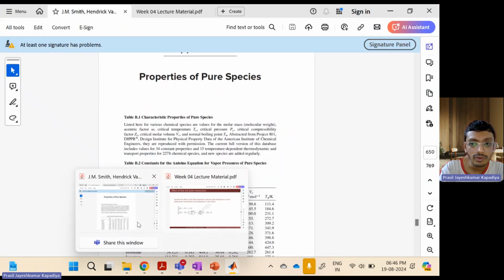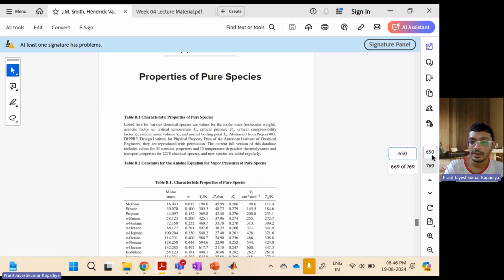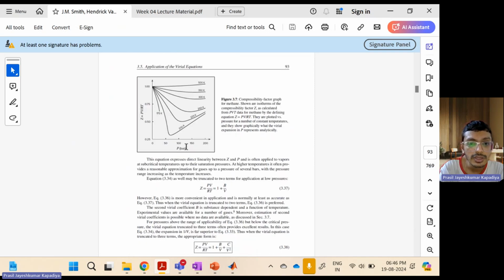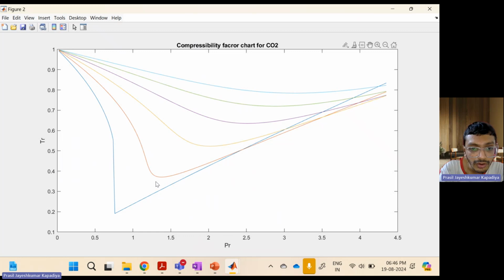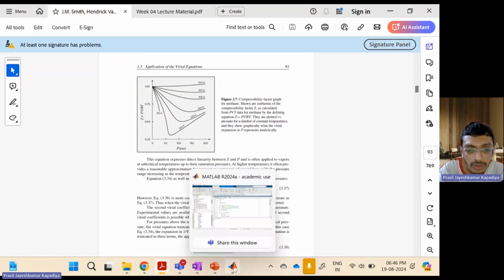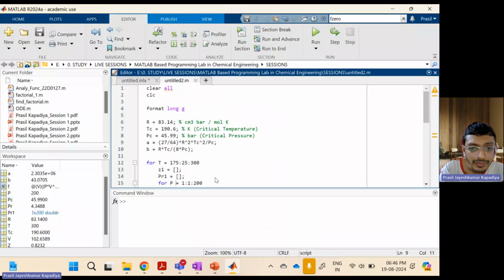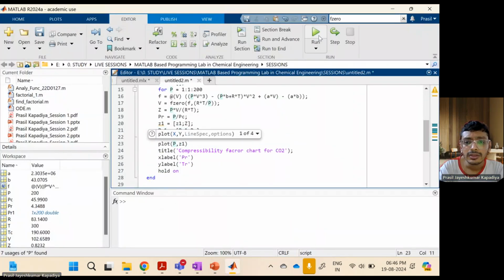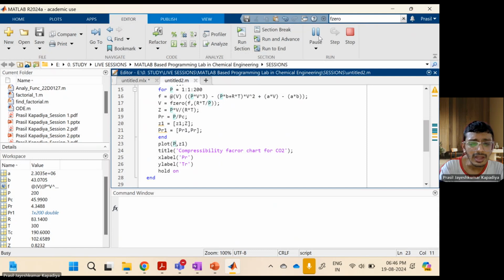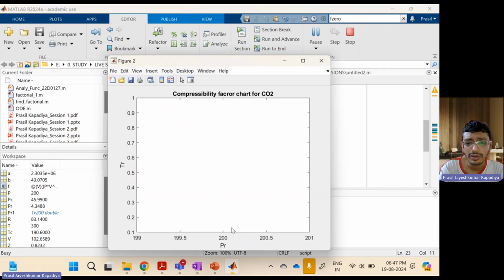Here actually they have not performed experiments for the whole range of temperature values. So see, for 175 it was at a small value, but at 200 Kelvin there is one sharp curvature near 50 bar. So let's see if we are getting it or not. Okay, here we have plotted it against PR. Let's do it against P. I'm not sure if it will work or not.